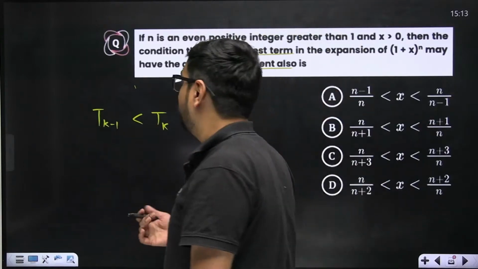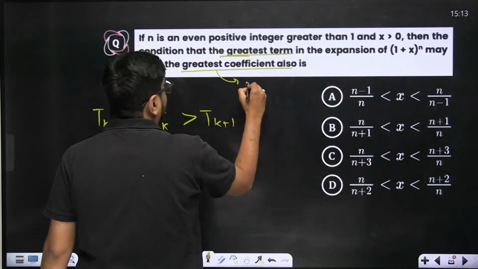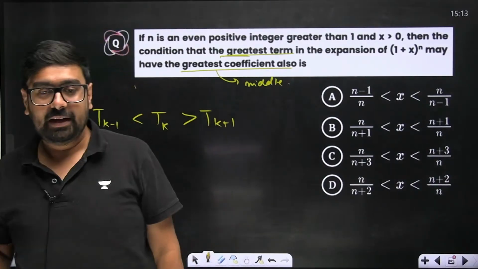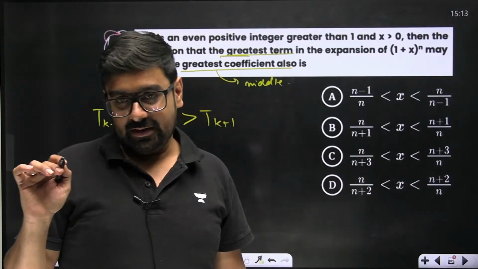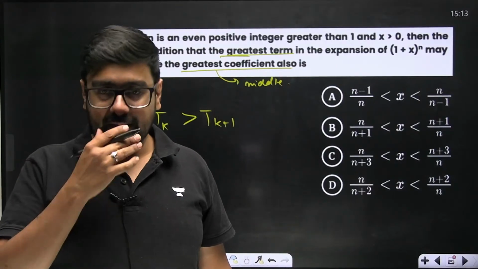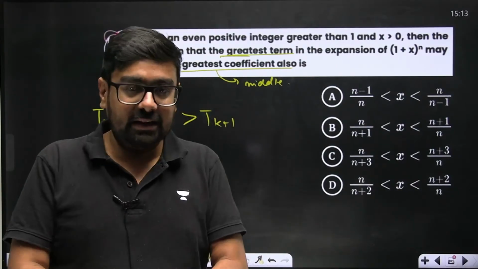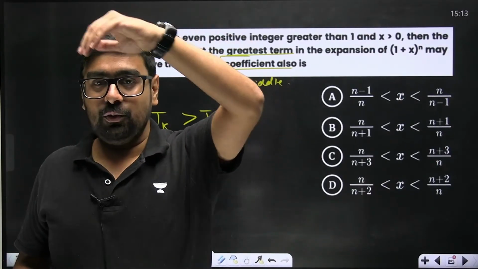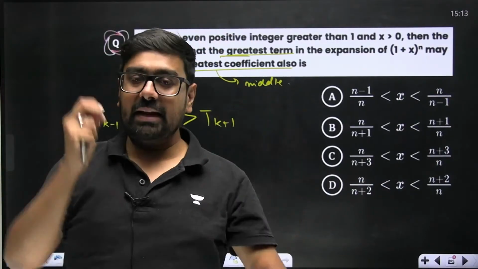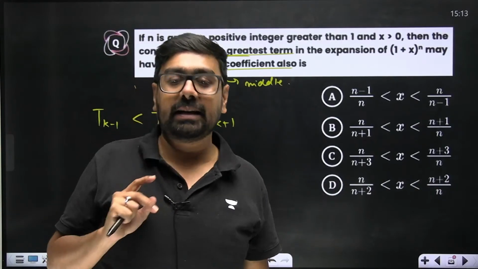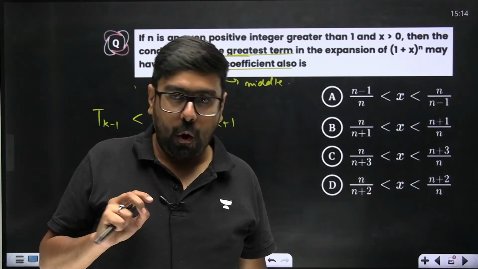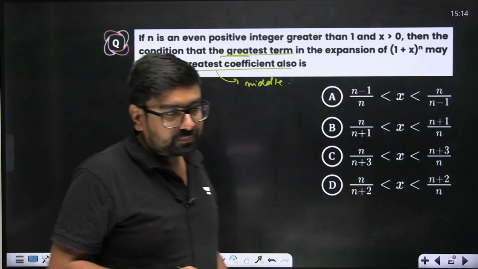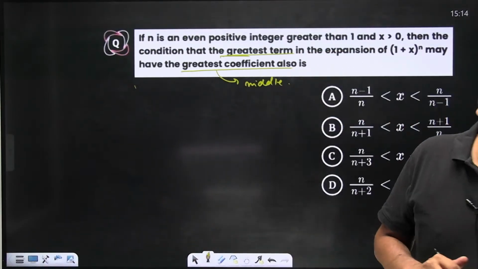In nC0, nC1, nC2, nC3 till nCn, nC(n-1)/2 or nC(n+1)/2 will be the greatest, but the middle one will be the greatest. That is the idea.